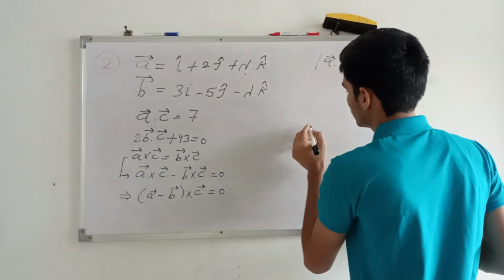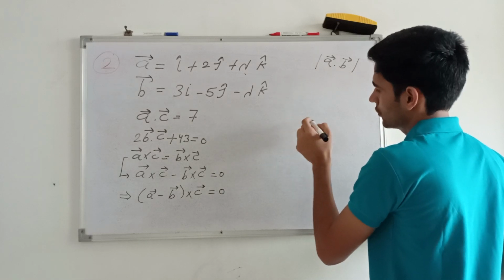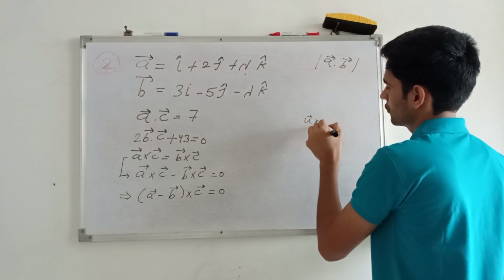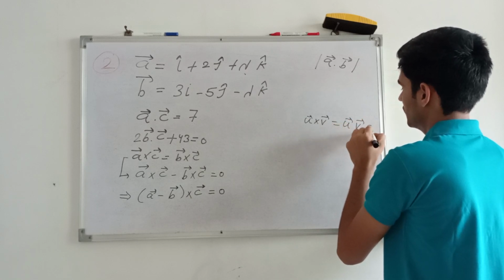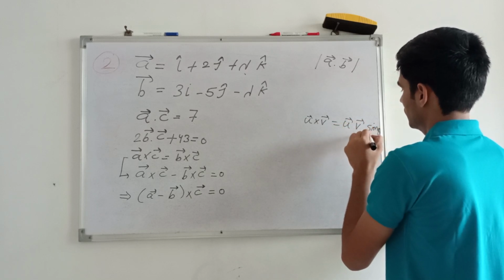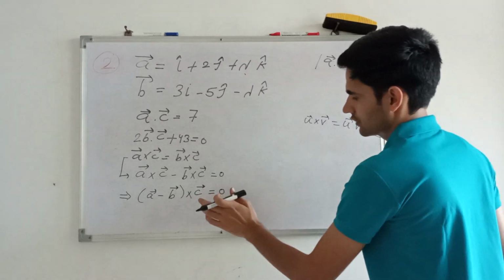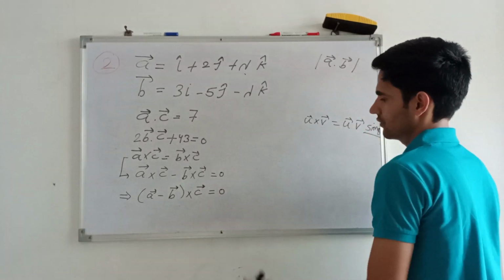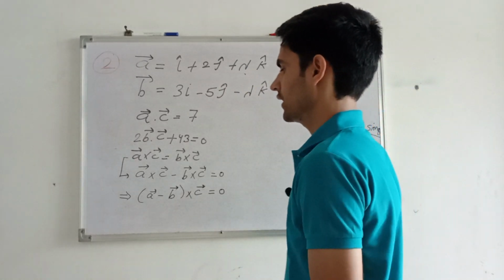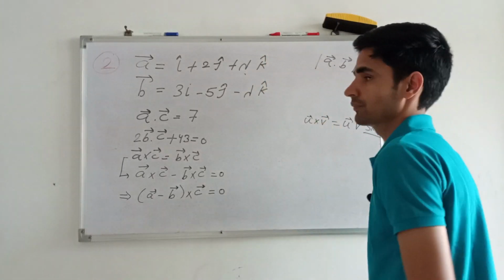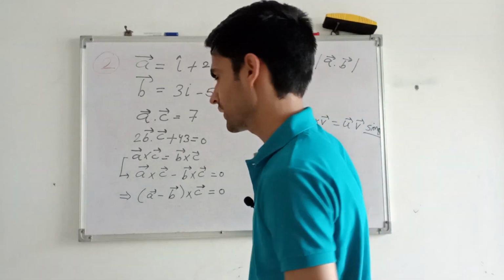Why am I saying that? What is cross of two vectors? U cross V is |U||V| sin theta. It is 0, that means sin theta is 0, and when is sin theta 0? When theta is 0. Theta is 0 means the angle between these vectors is 0, that means both vectors are parallel.